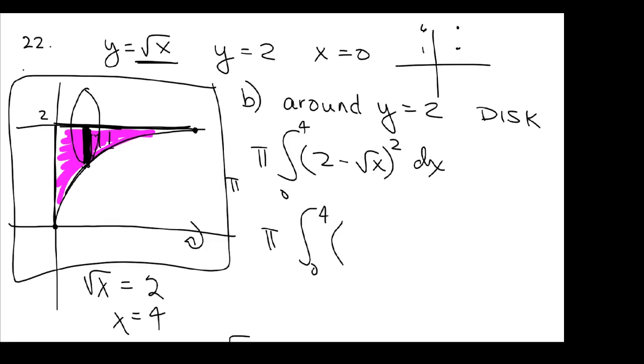So what did you say you got when you foiled? 4 minus square root of x plus x. And then antiderivative?